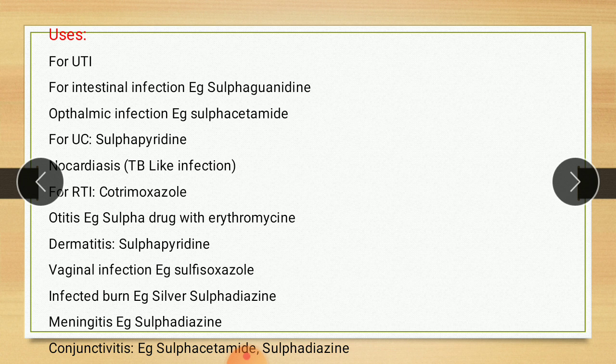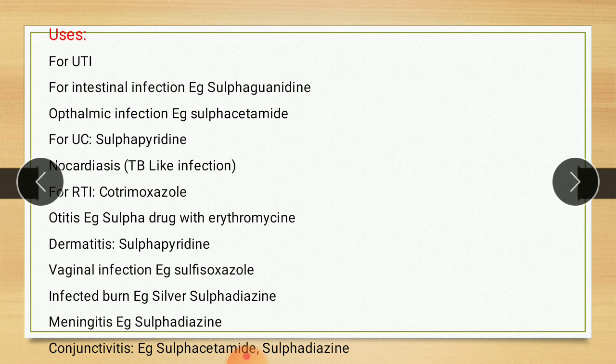Also used for ophthalmic infection. Example, sulfacetamide. Mainly eye drops or eye lotion are available for ophthalmic infection. Next use for ulcerative colitis, UC. Example, sulfapyridine. Also used in case of nocardiasis. It is a TB-like infection.